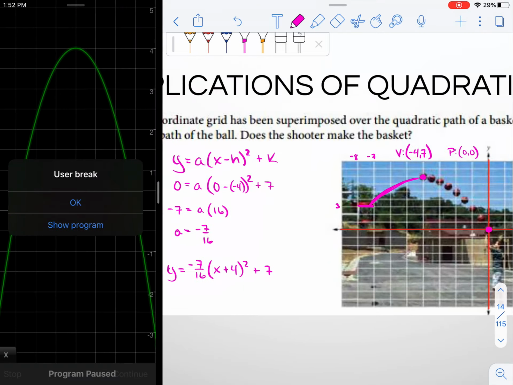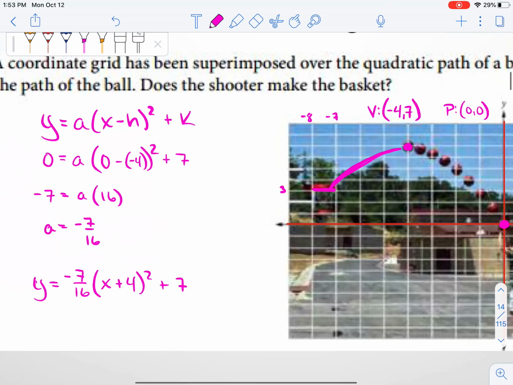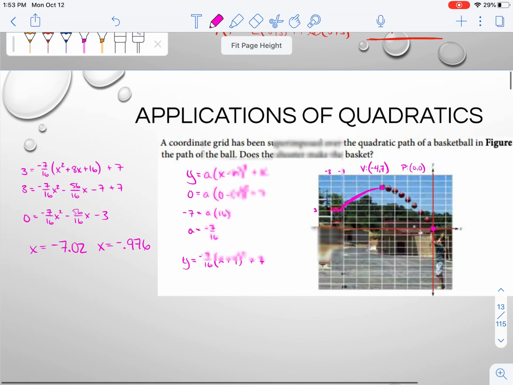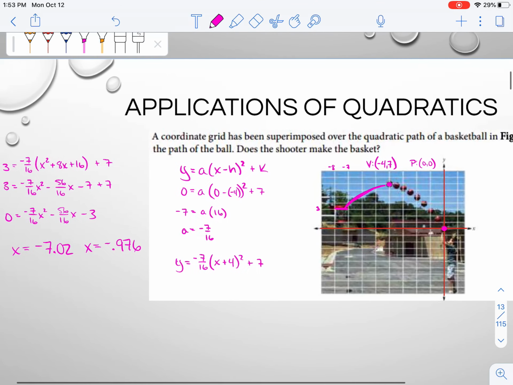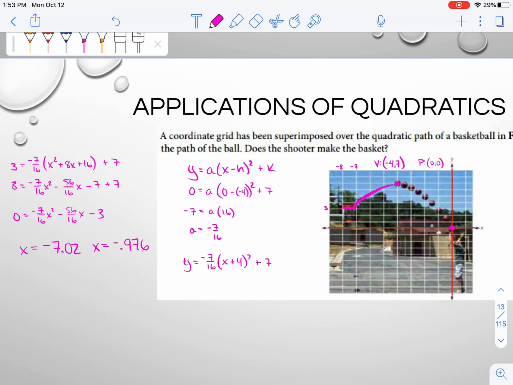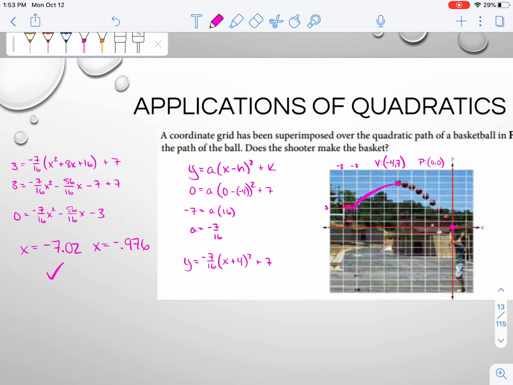Now again, we could argue here, and I think last year we actually had the conversation that that basketball might hit that front rim and bounce out. But for the context of the problem, you could make that argument, and it wouldn't be wrong. But for the purely mathematical argument, we're going to say that the ball crosses y equals 3 within that range of -7 through -8.